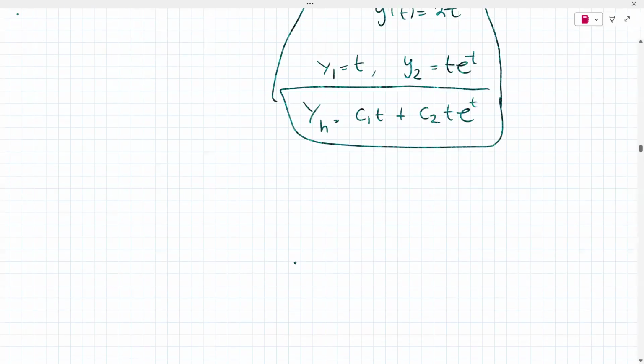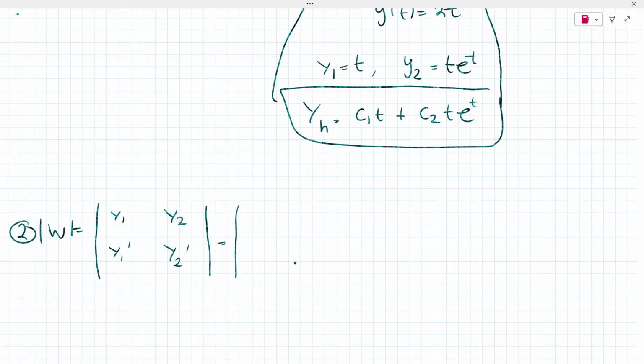Okay, step 2, find your Wronskian determinant. The Wronskian is y1, y1 prime, y2, y2 prime.